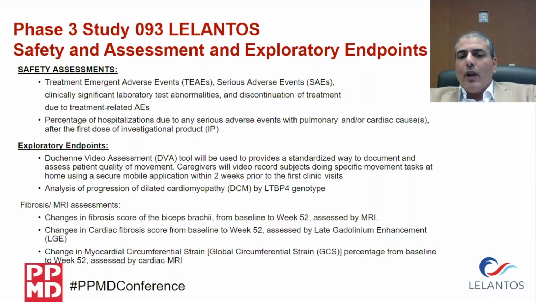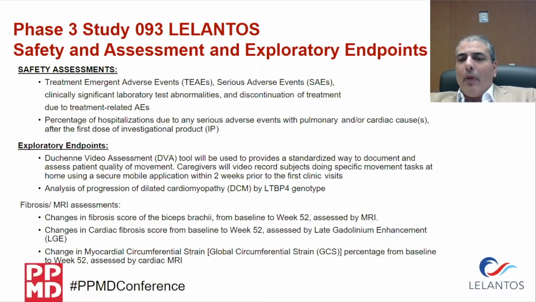Exploratory endpoint, we're going to use a Duchenne Video Assessment tool, which will provide a standardized way to document and assess the patient's quality of movement. The caregiver is going to videotape their kids at home to assess the fine movement at home before going to the clinic. We're going to look also at the progression of the dilated cardiomyopathy in relation to the LTBP4 genotype.